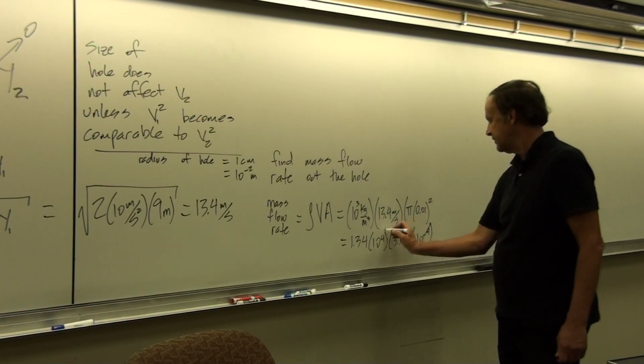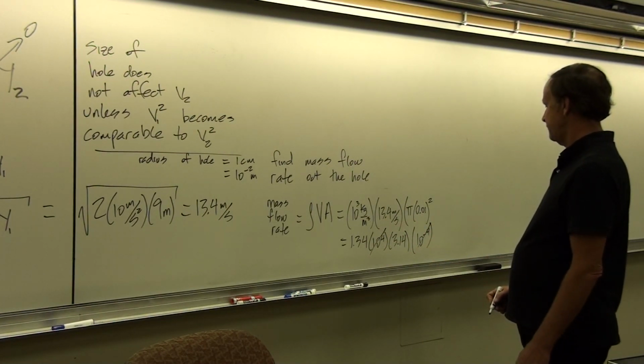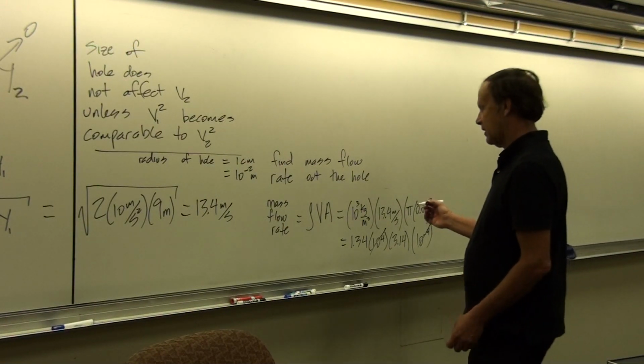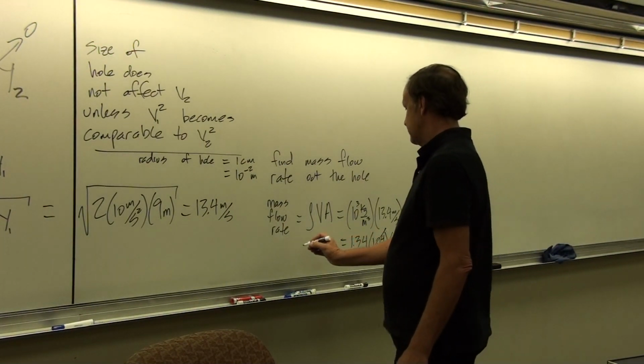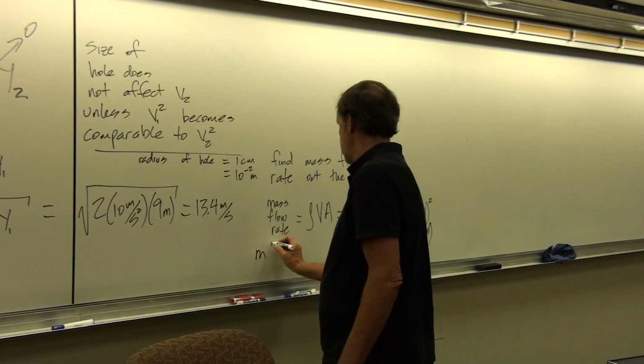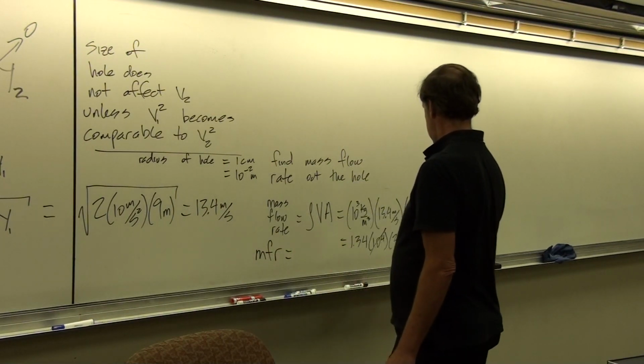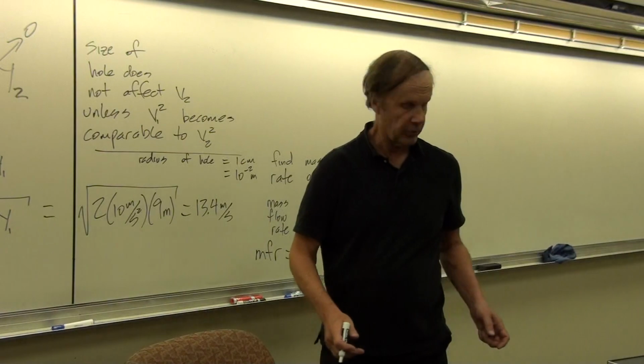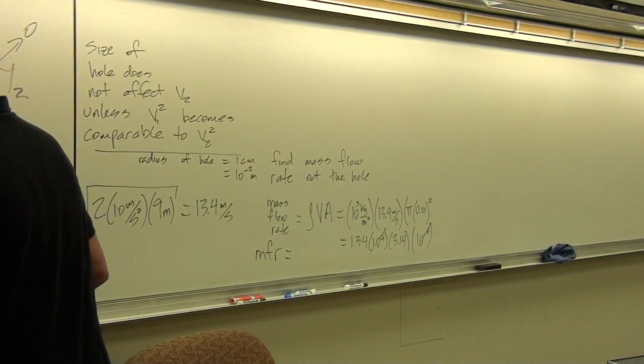So the 10 to the 4 and the 10 to the minus 4 cancel, and that gives us our mass flow rate is going to be equal to 1.34 times 3.14 kilograms per second.